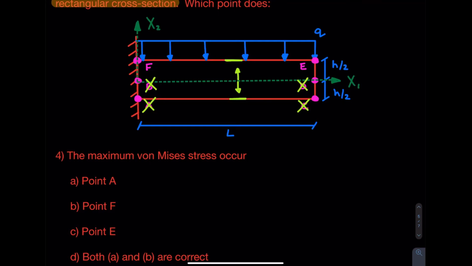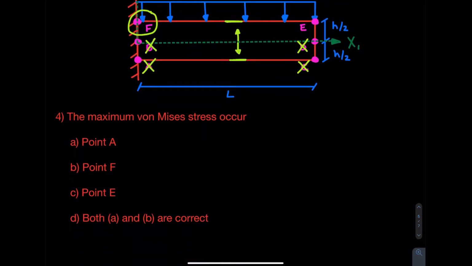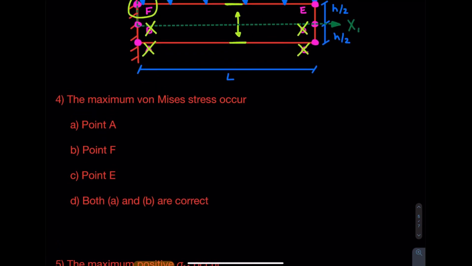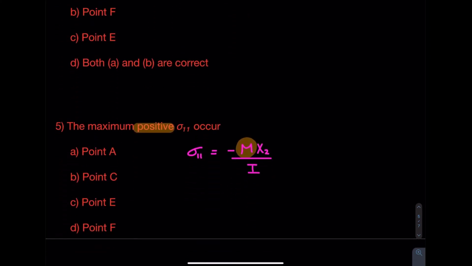And since our support is at the left-hand side, we know that point F over here will actually be our maximum moment because it's the furthest distance for x2 and it's the location of the maximum moment. So we said that it's going to be point F. I can come down here and say, all right, point F is actually D. I'm good to go.